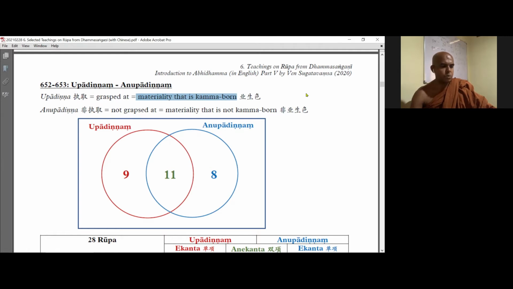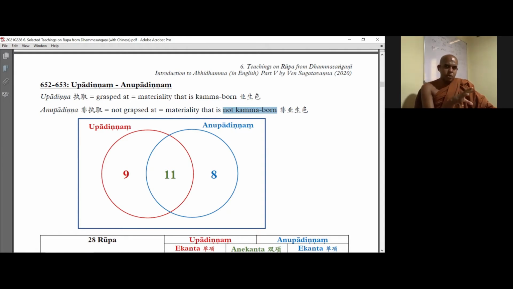It's called Upadinna. Anupadinna means materiality that is not Kamma born. This is the meaning. Now, those are the 28 rupa. We can make another two groups, Kamma born rupa and not Kamma born rupa. First one is Kamma born rupa and second one is not Kamma born rupa.